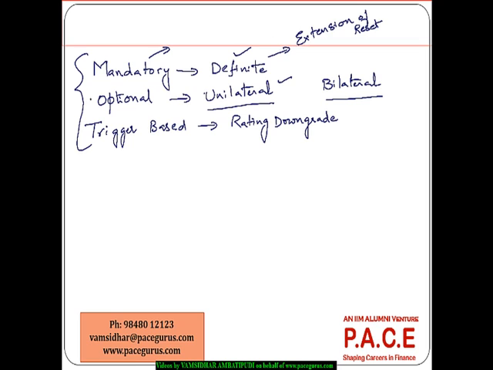But when we look at the other two, the optional and the trigger based, I need to play a very important role in defining the benefits very clearly. It's a big challenge. If I try to understand with respect to optional, I really need to exercise it.